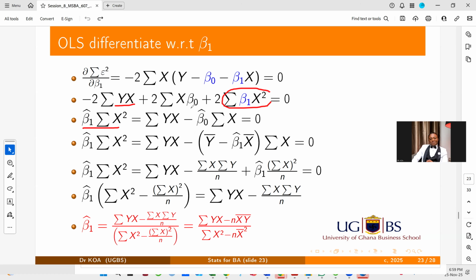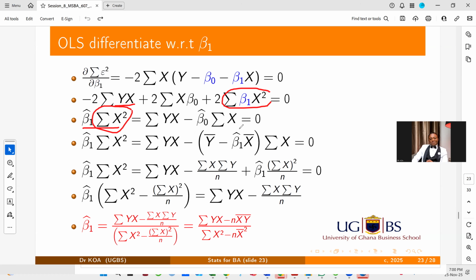I factorize them now. I expanded them now. Group items. At this stage, you want what? You want beta 1. So you divide both sides by sigma x squared. You divide both sides by this value. That's the whole idea we are going to do. But I'm breaking it down small first.